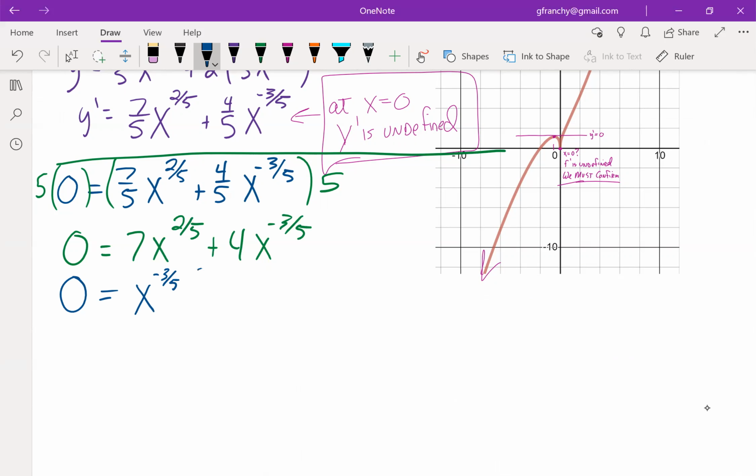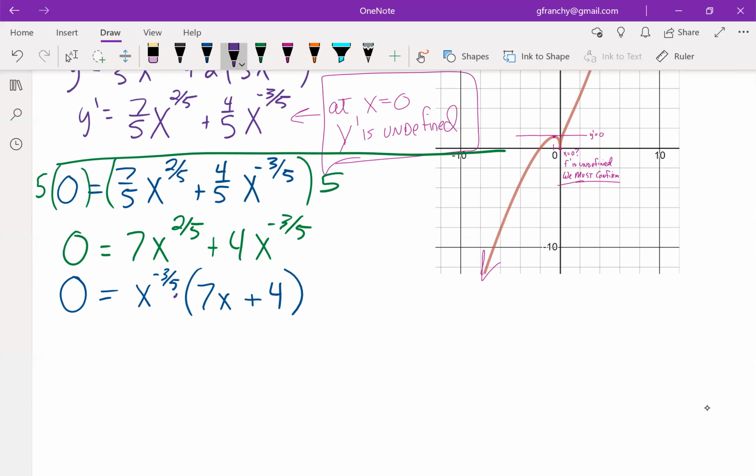And when we factor out the lowest power of x, that leaves us with that. And if you wanted to check, when you multiply by the same base, you add exponents. 1 plus negative 3/5 takes us back to the 2/5. So that is going to work out for us.